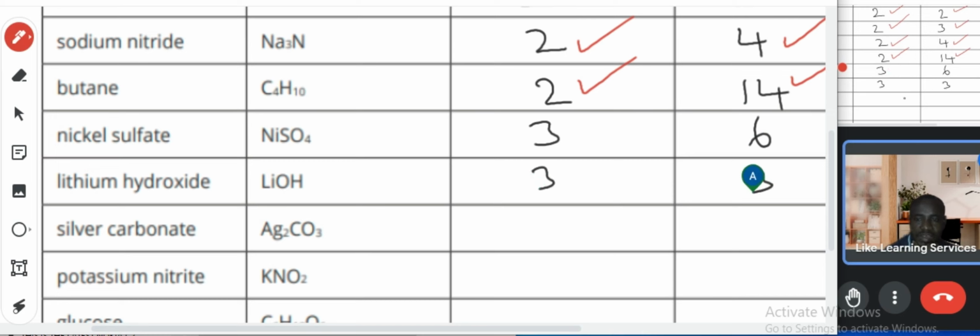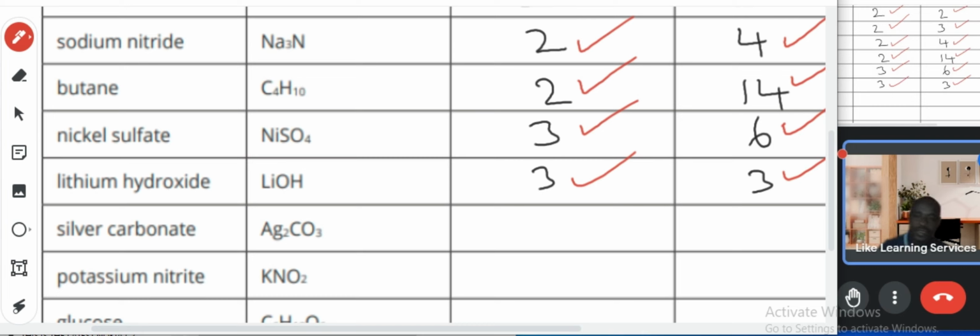For nickel sulfate, you have 3 elements: nickel, sulfur, and oxygen, and 6 atoms. Lithium hydroxide, you have lithium, oxygen, hydrogen, 3 elements, 3 atoms.